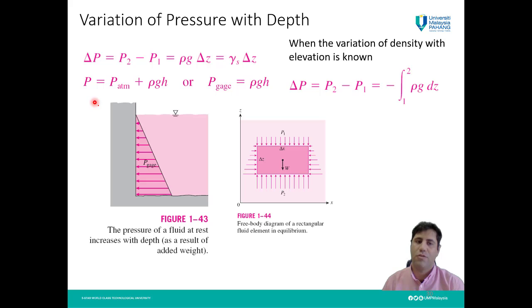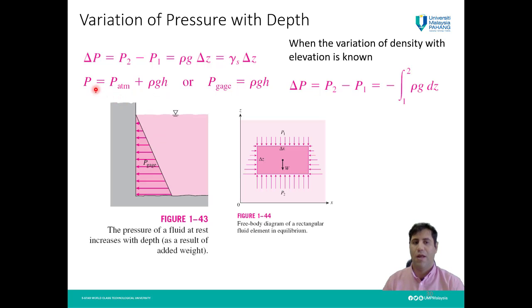And because, as I said, we have atmospheric pressure on Earth everywhere, the pressure at a specific depth H of a liquid will be the summation of P atmosphere, which comes from the atmosphere, and rho GH, which comes from the weight of the fluid at that depth.